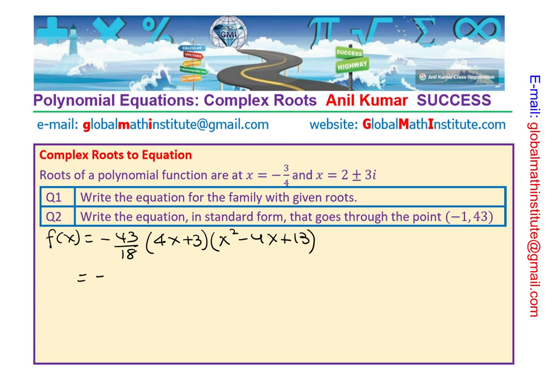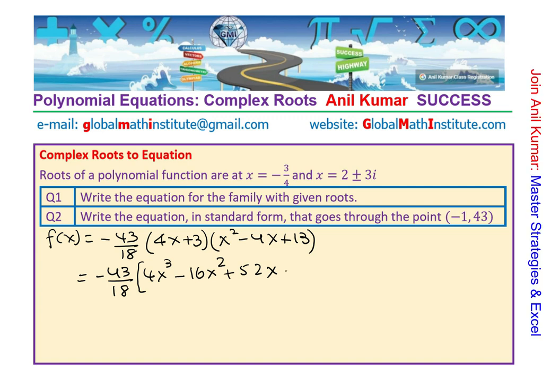Let us now expand this. 4x times x squared is 4x cubed, minus 16x squared, 4x times 13 is 52x. Now multiply by 3, we get 3 more terms: plus 3x squared minus 12x plus 39.